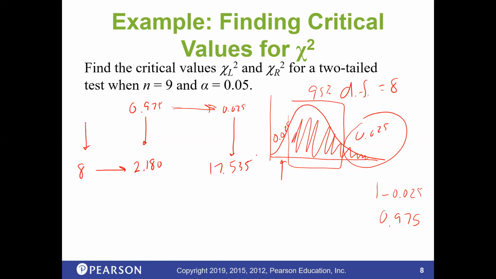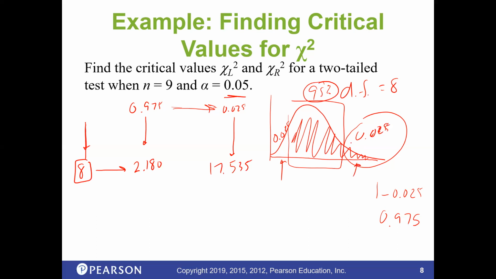Not as many thumbs up this time. Giselle, you doing okay? Say again? We are on table 6, and we go down to the 8th row, for degrees of freedom. Because it's 95% here, we had to split the alpha into two pieces. So we're looking for 0.025 as our right side, but I started with the left side first.